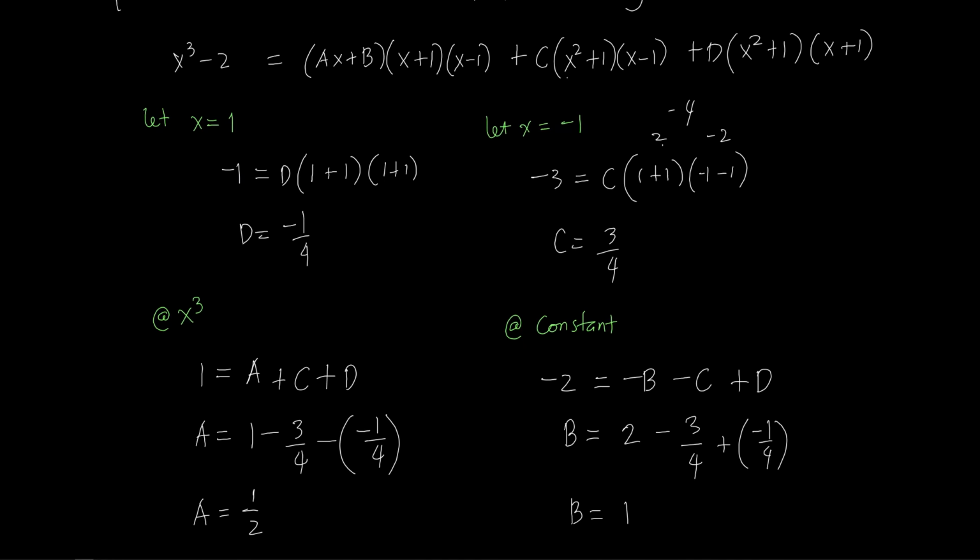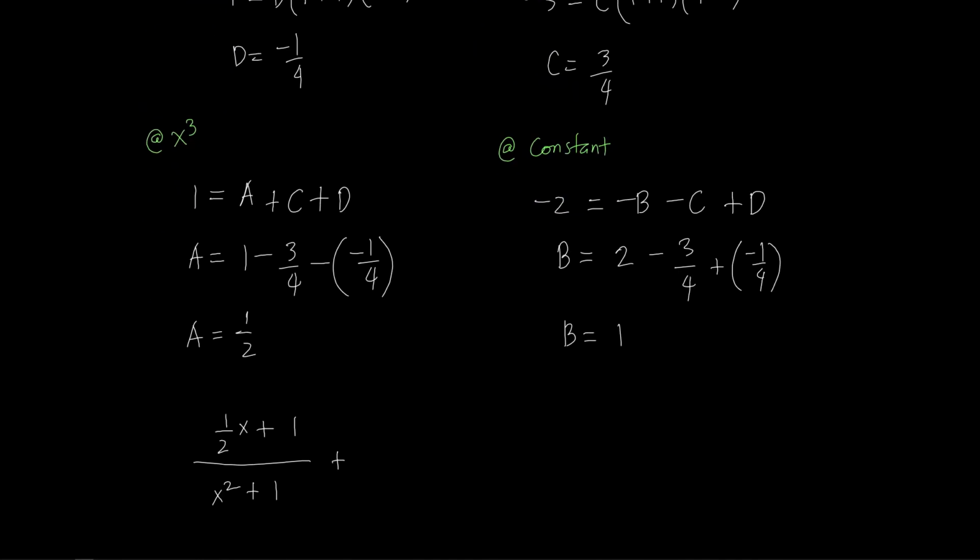C over x plus 1. Our C is 3 over 4 over x plus 1 plus, our D is negative 1/4. So, negative, over x minus 1. And probably this is our partial fraction decomposition.